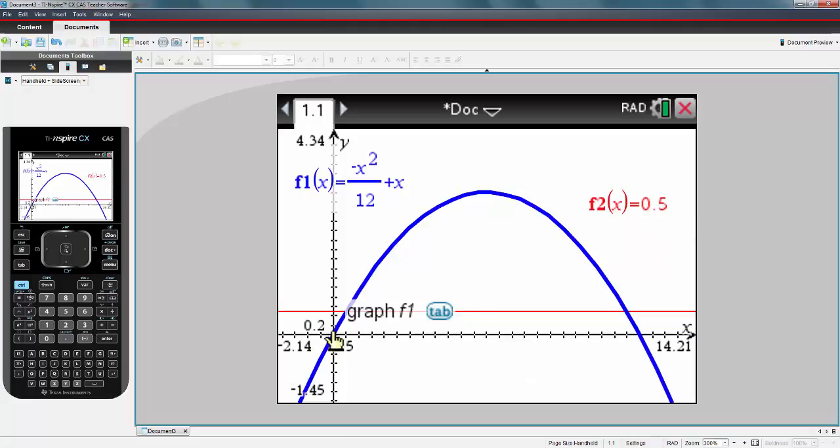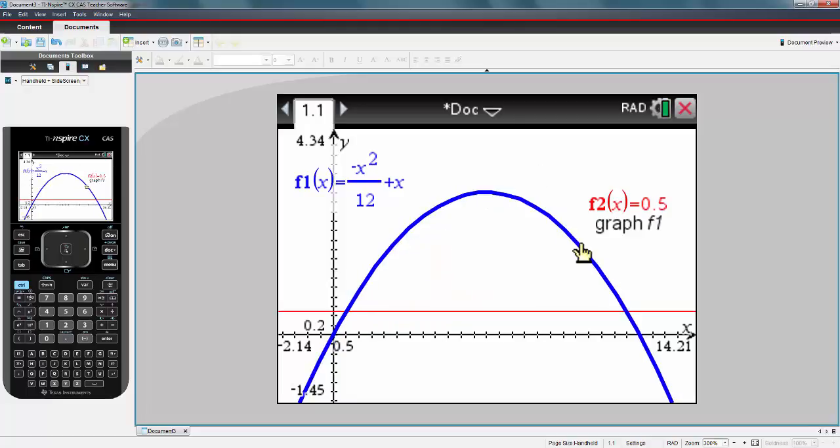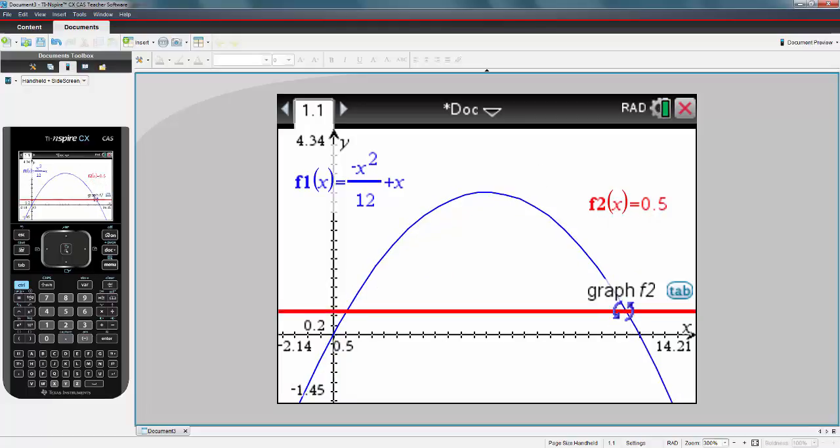So the submarine is located here in the origin, and then it fires the rocket, and then here it reaches the sea level. Okay, and then up here the rocket is up in the air and eventually crashes down here, reaches the sea level, and then goes down in the sea again.